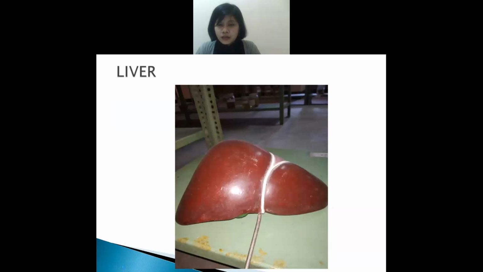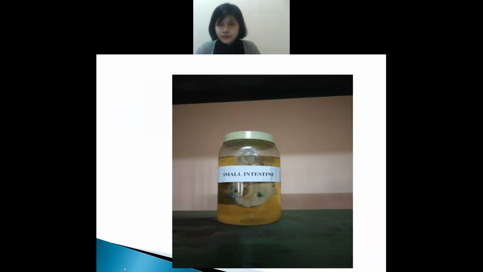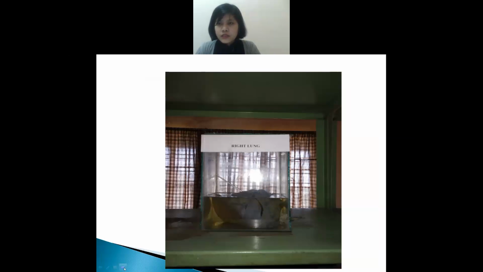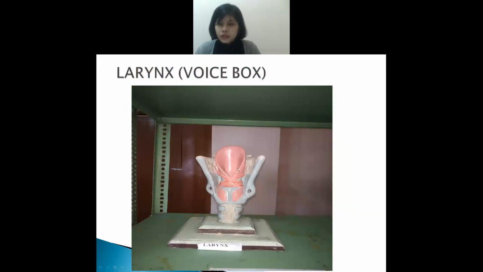I'll show you once again: brain, liver, then heart, small intestine, kidney, stomach, lungs, then larynx.